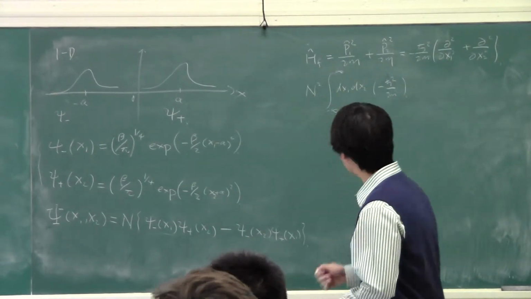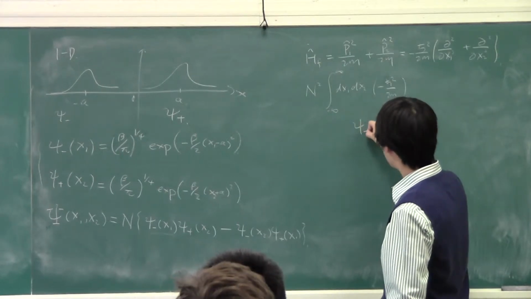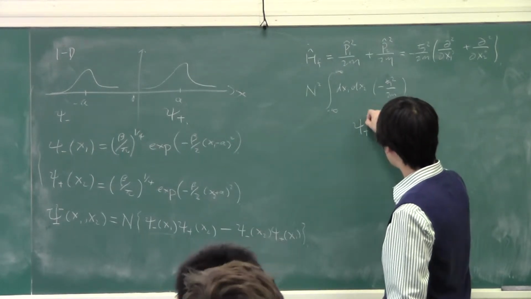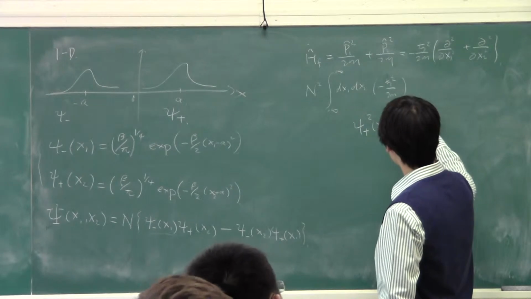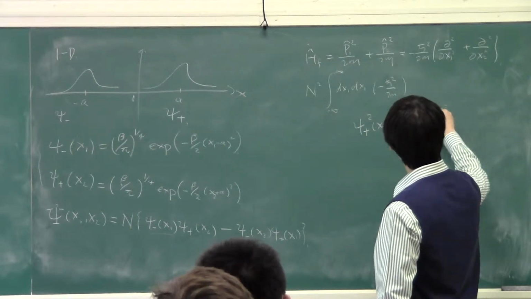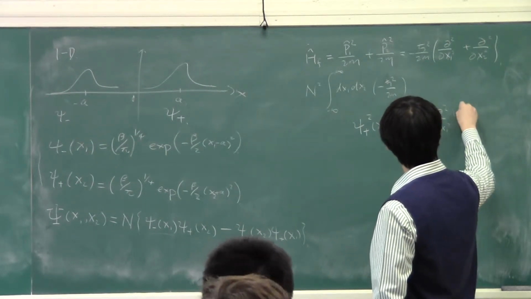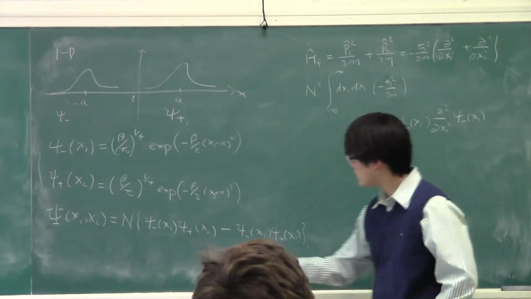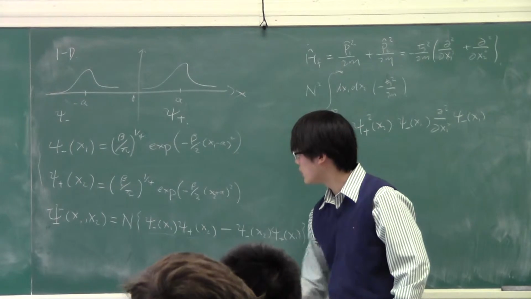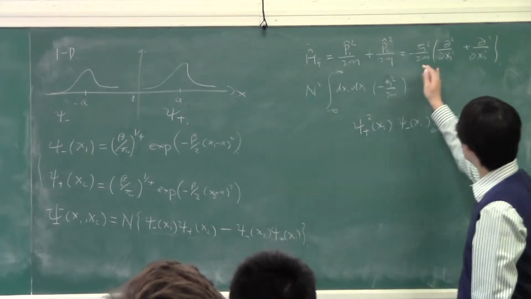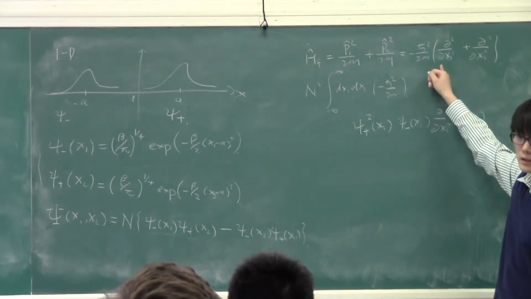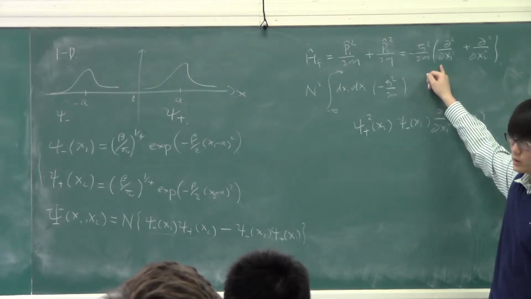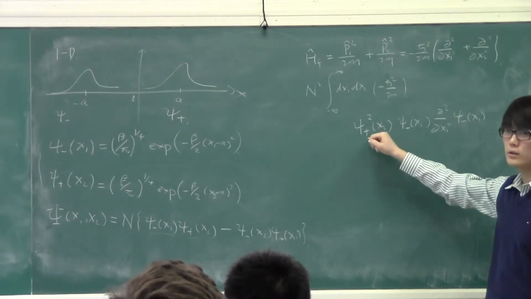And then you will have terms like psi plus x2 squared, psi minus x1, d squared dx1 squared, psi minus x1, right? Because when this plus x2 and the minus x1 sees this operator, only the minus x1 gets operated on, while the psi plus x2 can be taken over here.